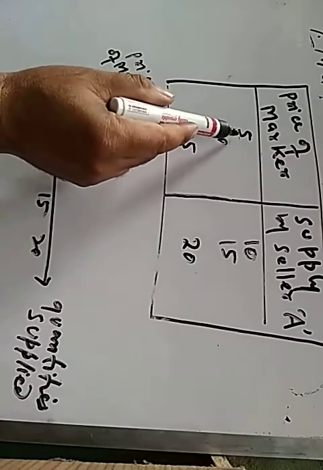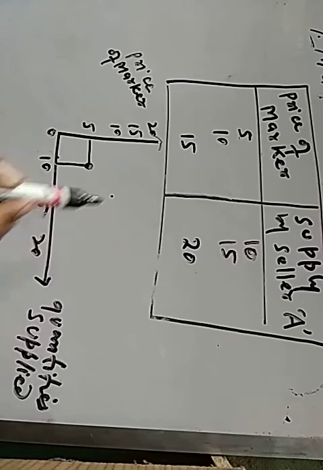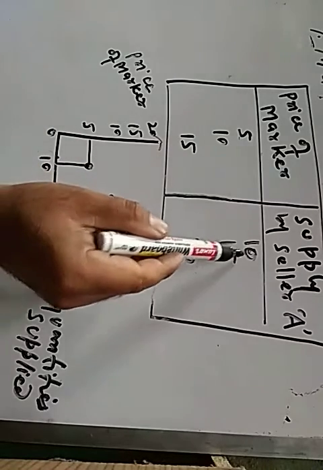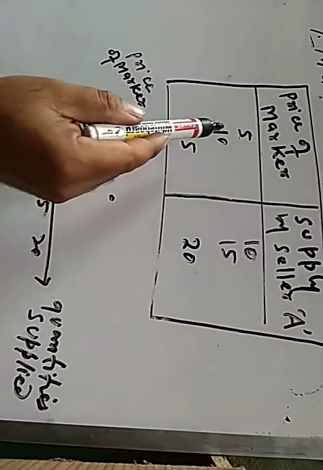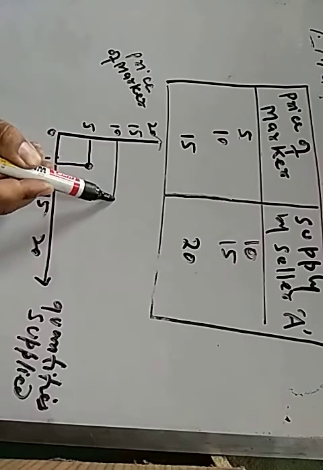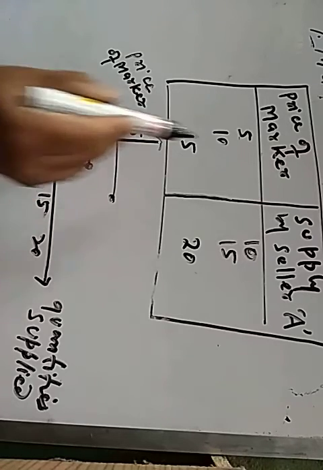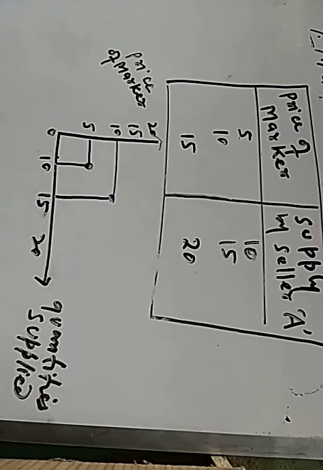Supply also increases because an increase in price will lead to an increase in profits of a producer or a seller. Joining these points, the vertical axis shows the price and the horizontal axis shows the quantity supplied.